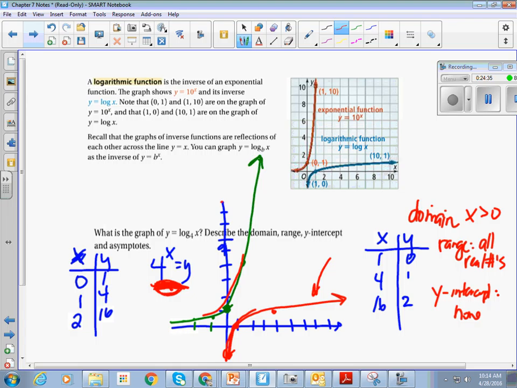So I have the line y equals 0 is an asymptote. We can get really close, smaller and smaller, but we can never actually get to that. Since I have no y-intercept, I can't get close to y equals 0, so my asymptote is y equals 0.